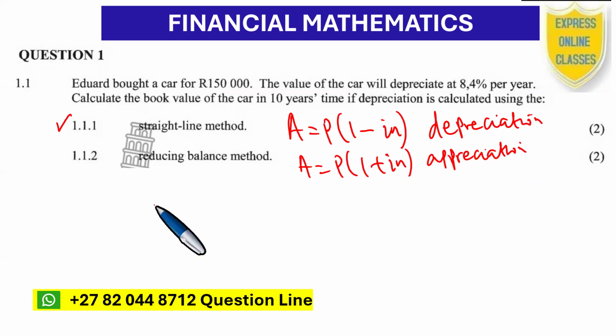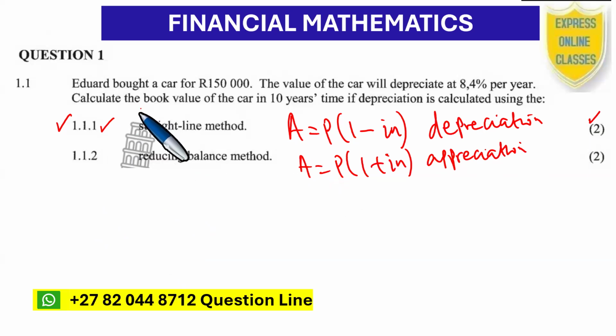This question was done, but I'll have to test and see if you're able to recall what was done yesterday rather than me just dishing out the answers. Choose the correct formula which applies to the straight line method to solve the question. I'm giving you 2 minutes to determine the answer to 1.1.